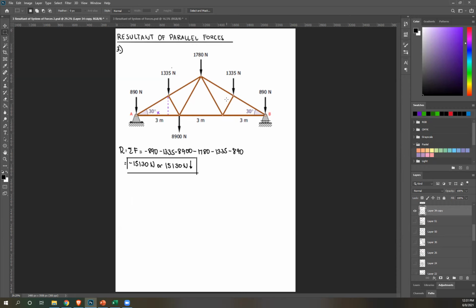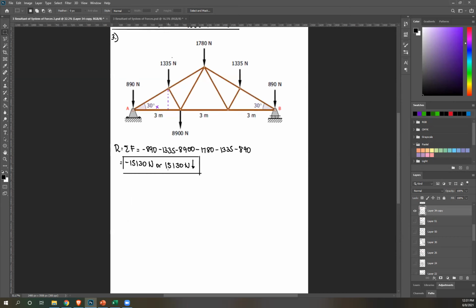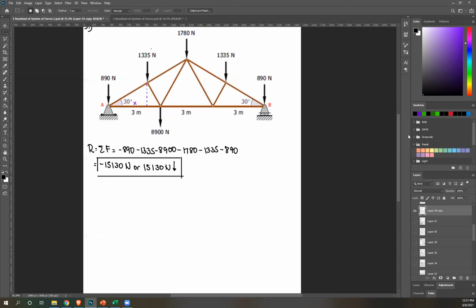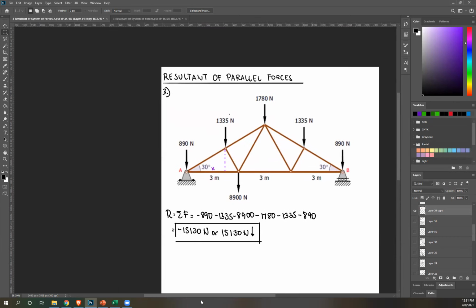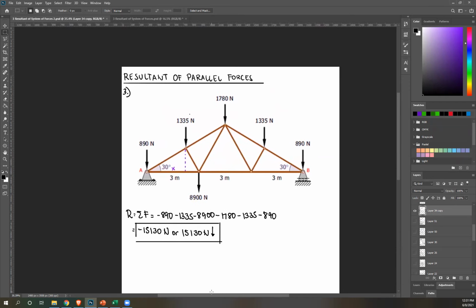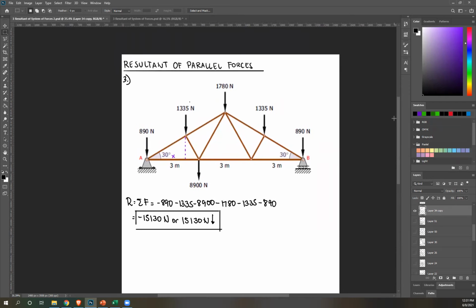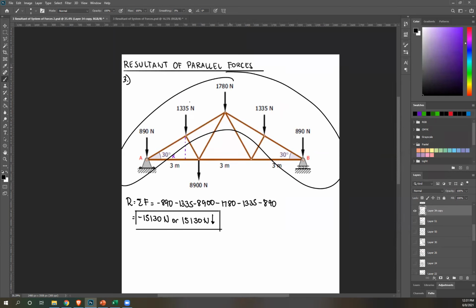Now, the next trick I mentioned earlier: this is symmetrical. The great thing about symmetry is that we can simplify this entire system. For this part only, you can simplify all those forces into one. Since they're symmetrical, 890, 890, 1335, 1335, and then 1780 in the middle, I'm going to take the resultant of all of those forces, and it's going to act at the center.